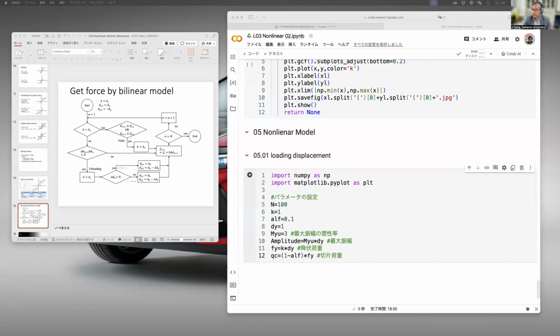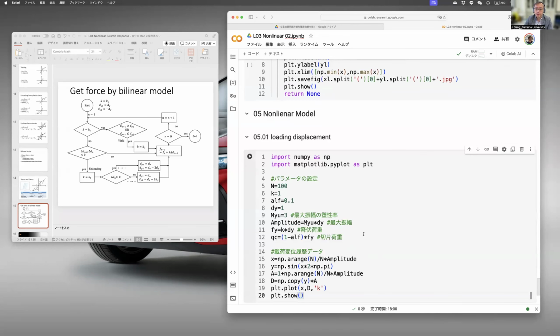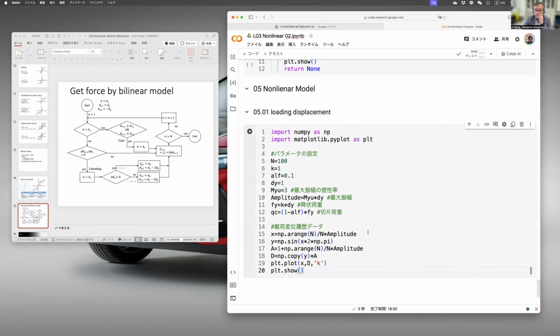Okay, and then we need to generate the displacement. We use np.arange to generate some displacement, also changing the amplitude.